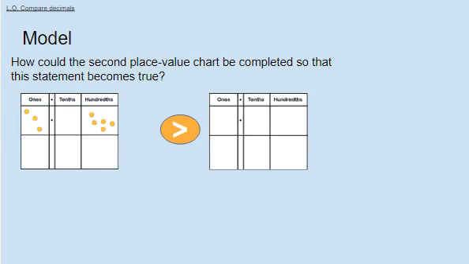Right, so this is a bit of an example in my model to you. How could the second place value chart be completed so that the statement comes true? So here we've got 1, 2, 3 ones. We've got 1, 2, 3, 4, 5 hundredths. So the number would be 3.05. And this is greater than this number. Now this is where there's any number of things you could do at this point.